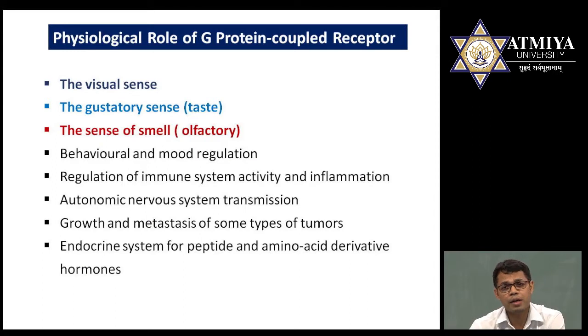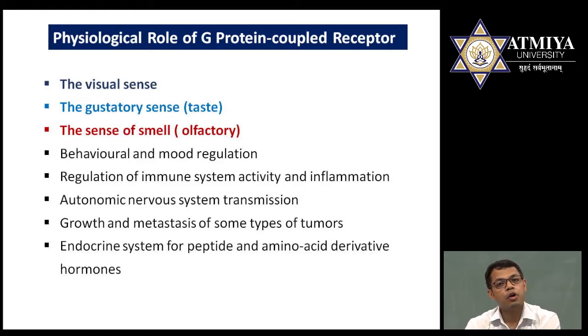There are different types of physiological roles of G protein coupled receptor. 3 famous ones are visual, smell, and taste. For smell, the word olfactory is used, so this pathway is related to olfaction. This pathway is related to taste, which is also known as the gustatory sense, and third is the visual sense.